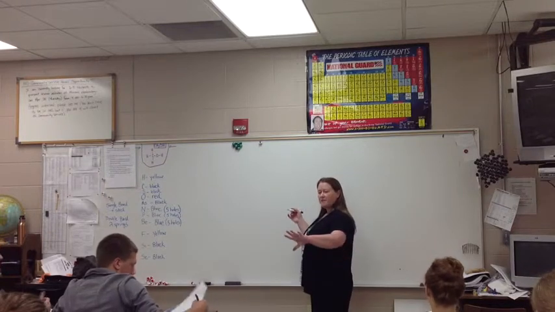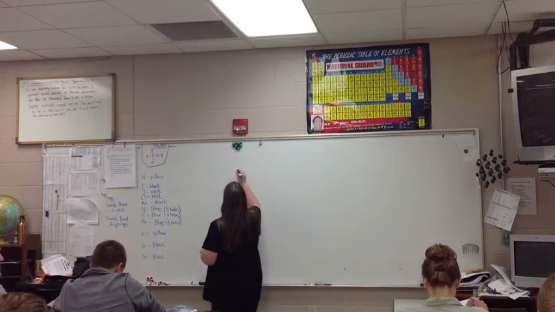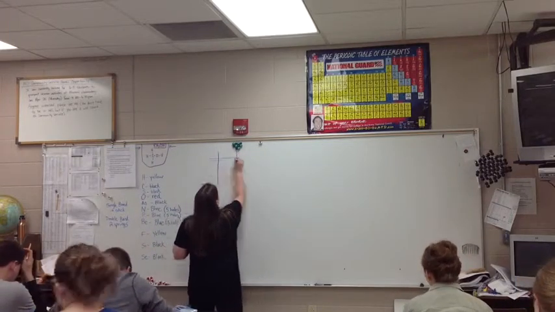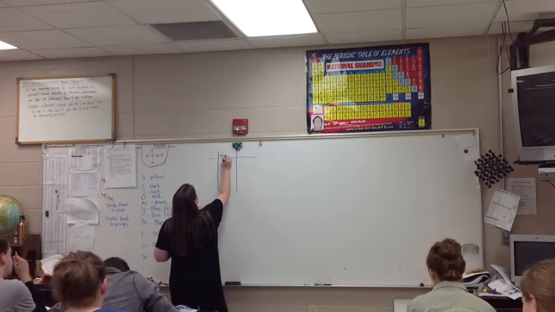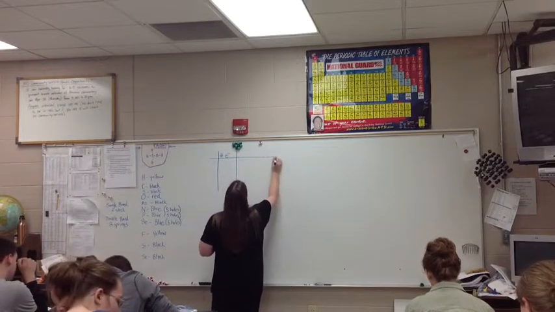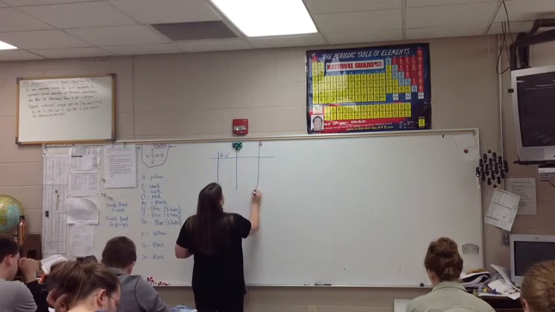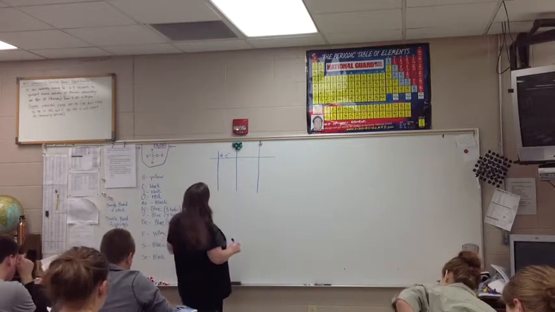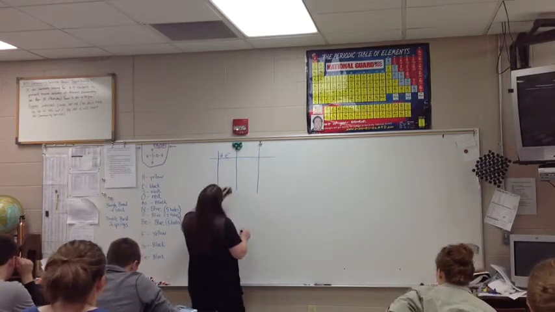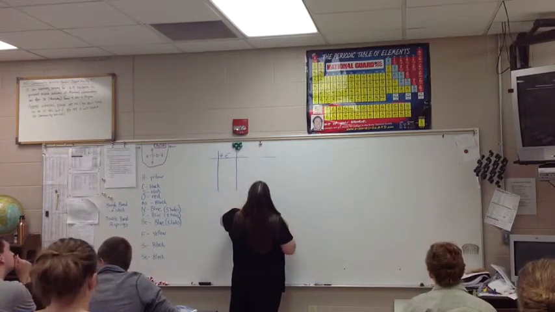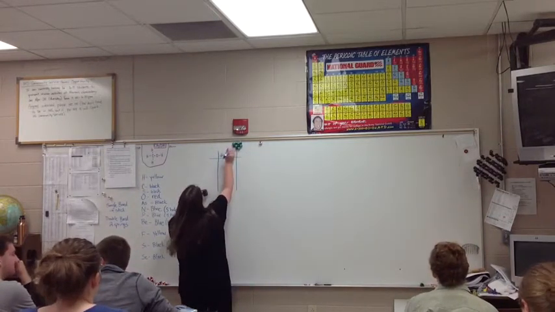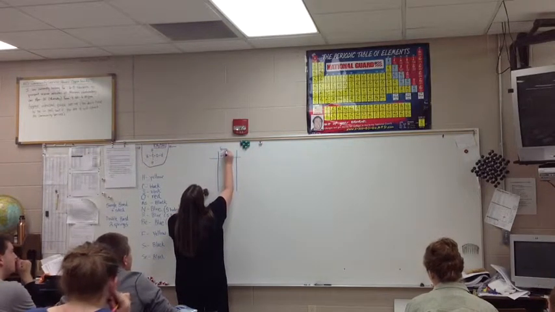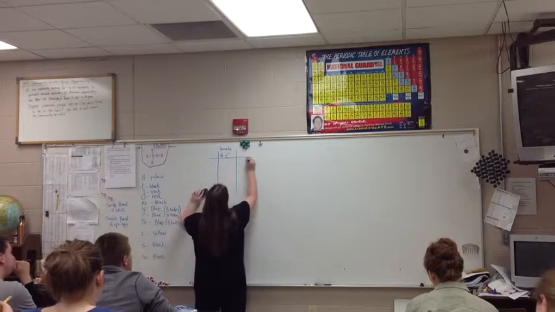So the first column is the number of valence electrons. The second column is the formula. Is that correct? So this is the formula and the number of valence electrons.